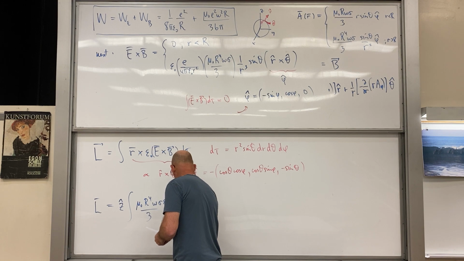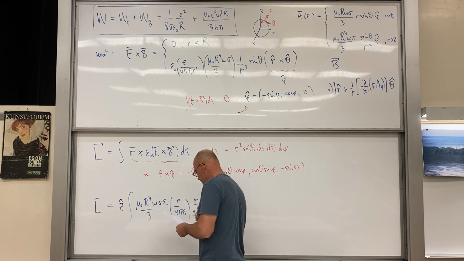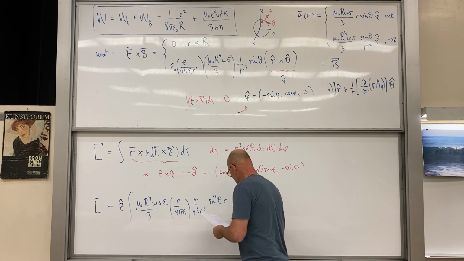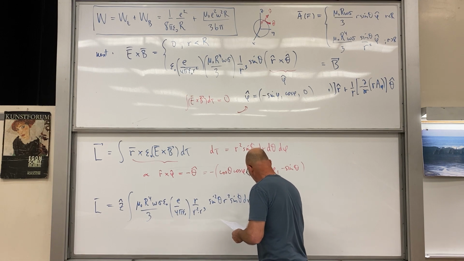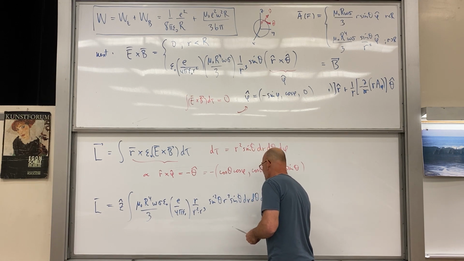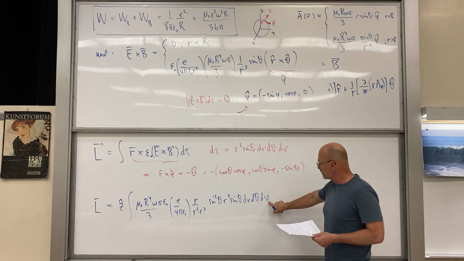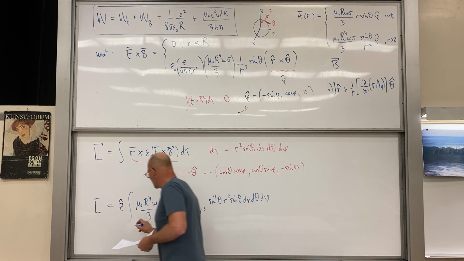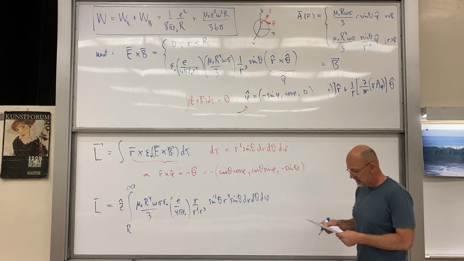E over 4 pi epsilon naught. R, I've got r squared and r to the third. I've got my sine squared theta, r squared sine theta, dr d theta d phi. And I'm integrating the whole thing. Phi is 0 to 2 pi, theta is 0 to pi, r is capital R to infinity. So I'm just going to write the R to infinity right here. The other ones are just understood.